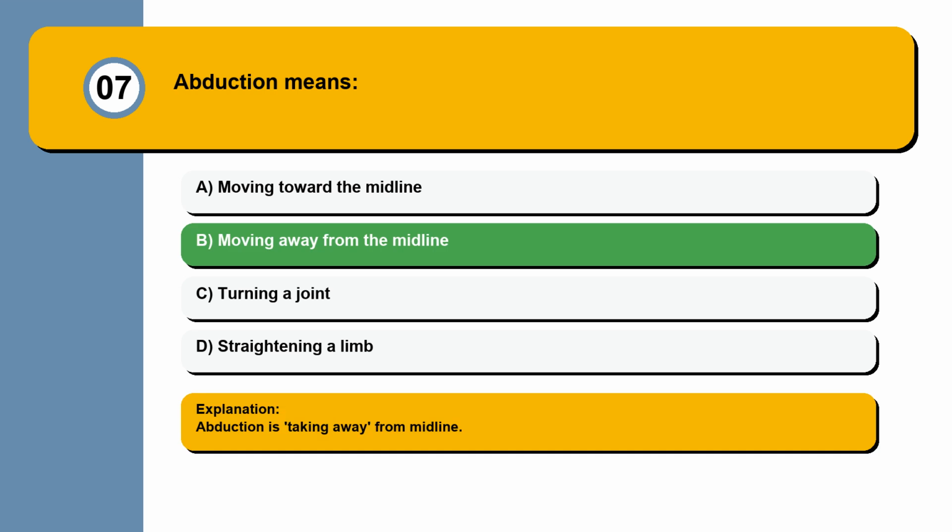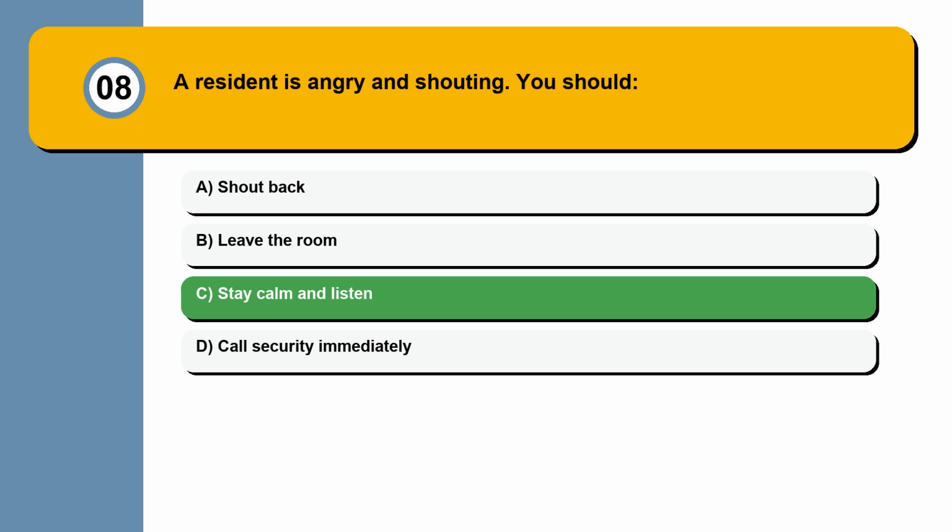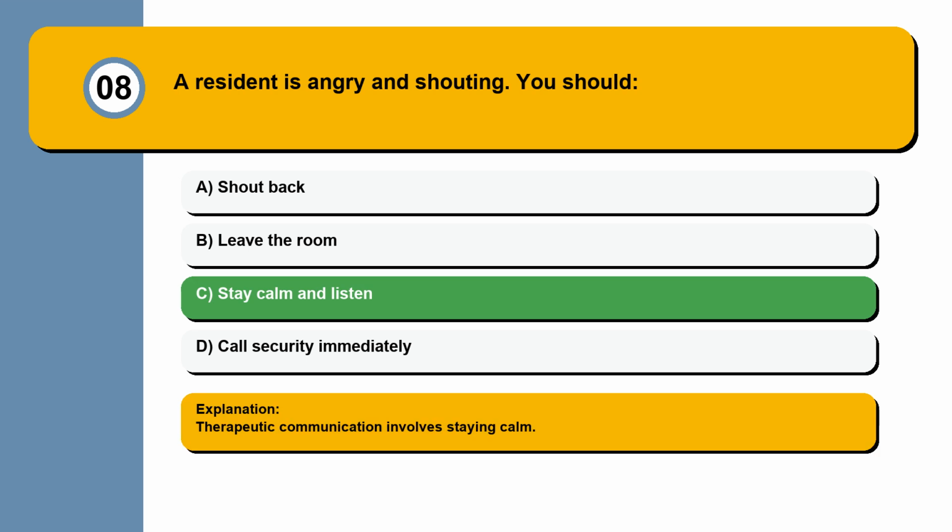Abduction is taking away from midline. Question 8. A resident is angry and shouting. You should shout back, leave the room, stay calm and listen, call security immediately. Therapeutic communication involves staying calm.